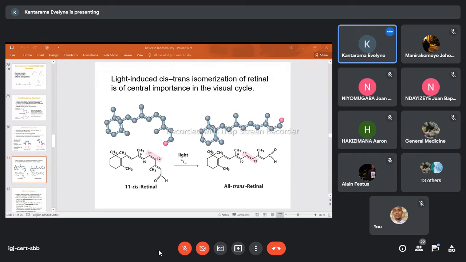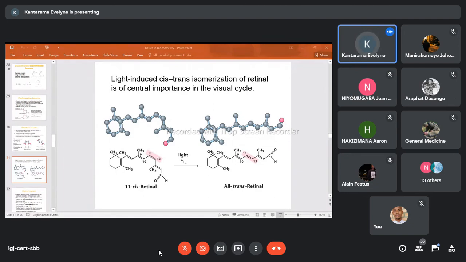The process of vision. This is what I was saying: in conformation, we have seen it before, just rotation around a single bond. But in cis and trans isomers, this configuration is different from conformation.